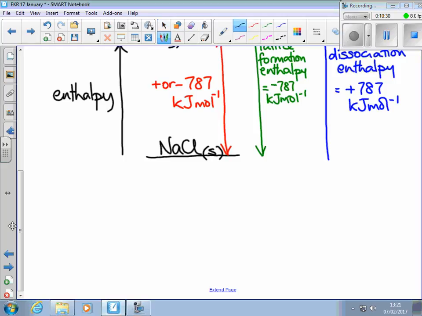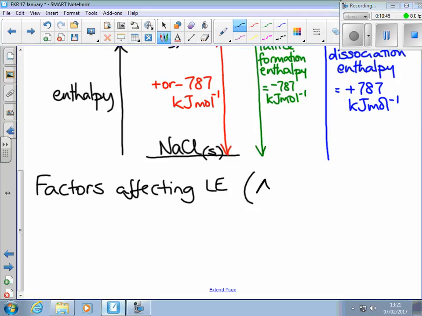We'll move on then to the factors affecting lattice enthalpy. I'm just going to call it LE still for now. We could, I suppose, use delta H naught.